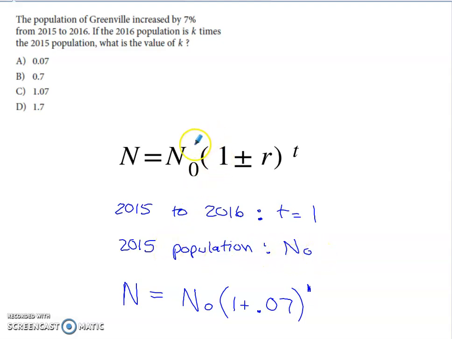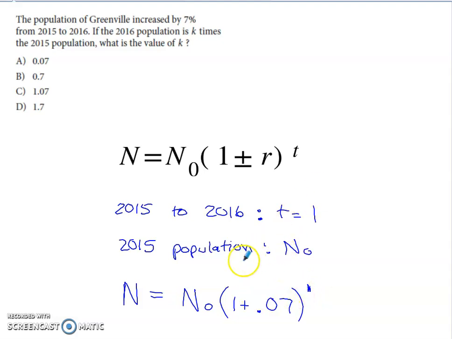And check out what happens if I start plugging into this equation. The population in 2016 is going to equal whatever the 2015 population was times 1 plus 7% as a decimal, 0.07, because it's growing: it was an increase in the population by 7%. And then I'm putting a 1 in place of t.